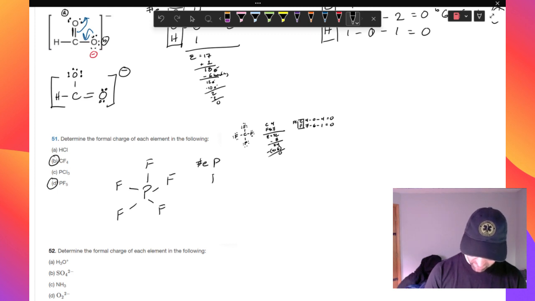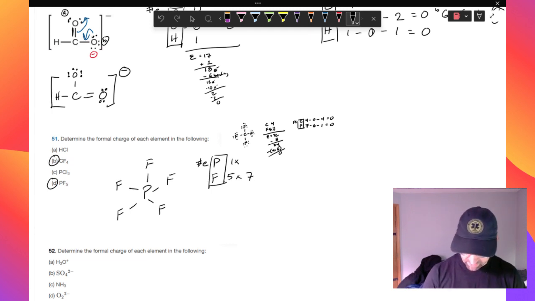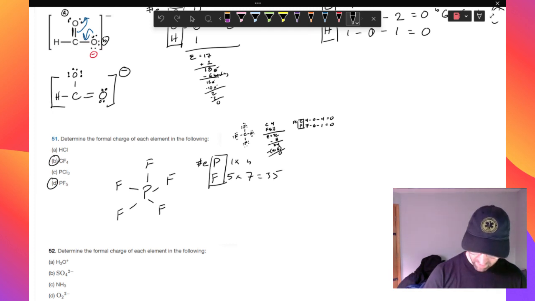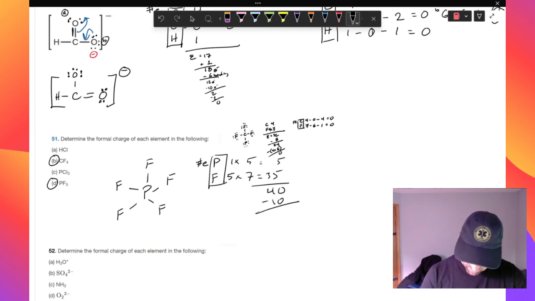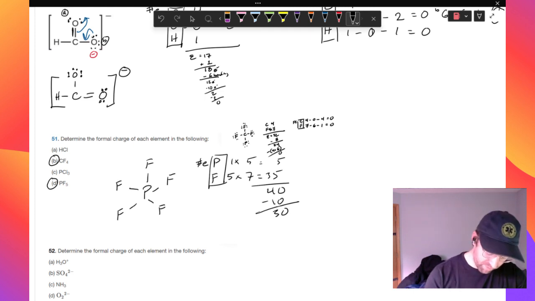We've got 5 times 7 valence electrons for fluorine and 5 for phosphorus. Gives us 40 total to worry about. If we assume that all of these are single bonds, 2, 4, 6, 8, 10 are accounted for, and we have 30 left that we need to account for.